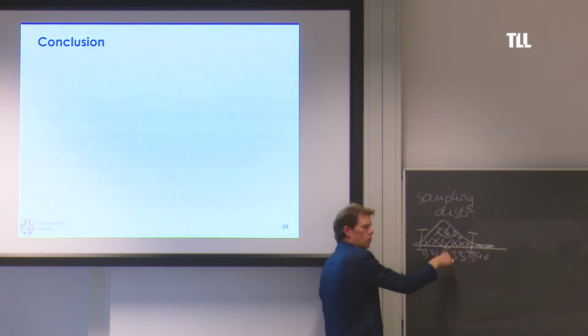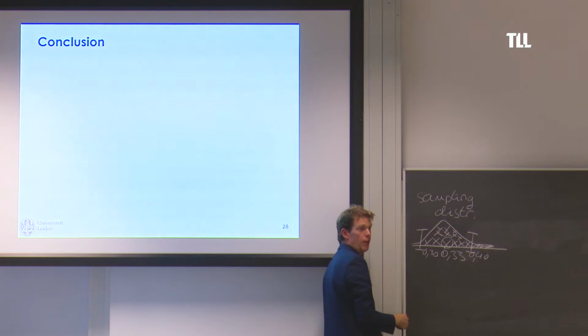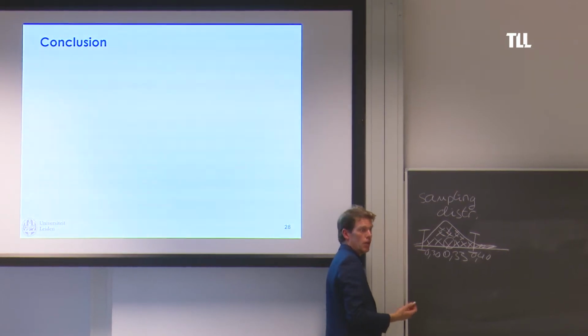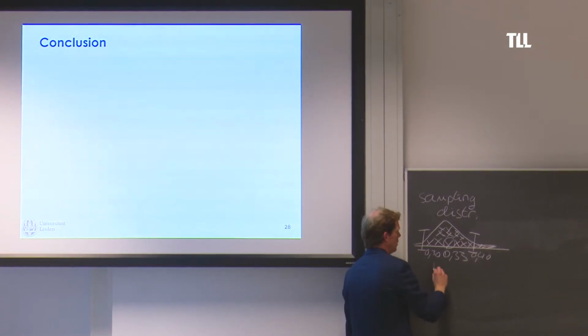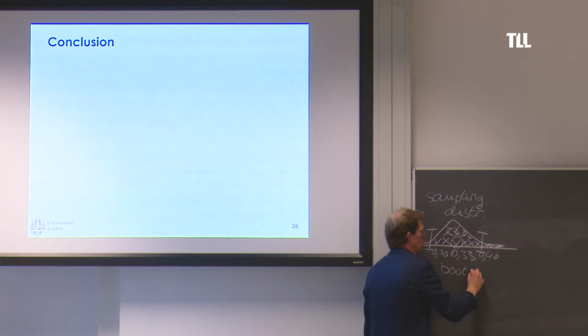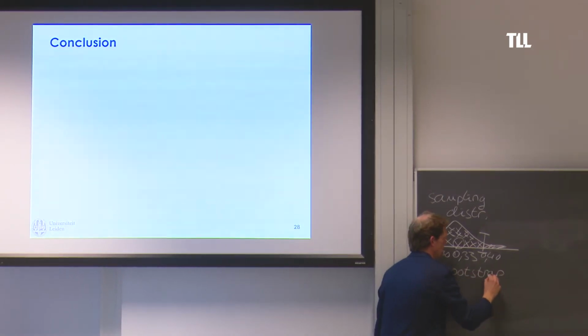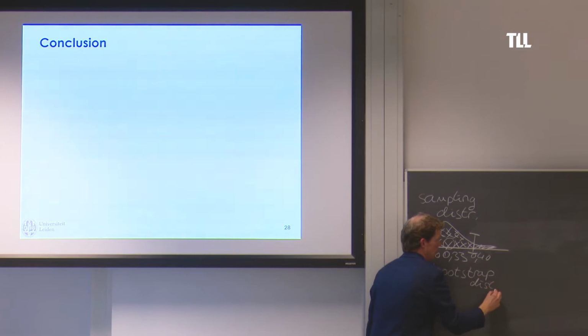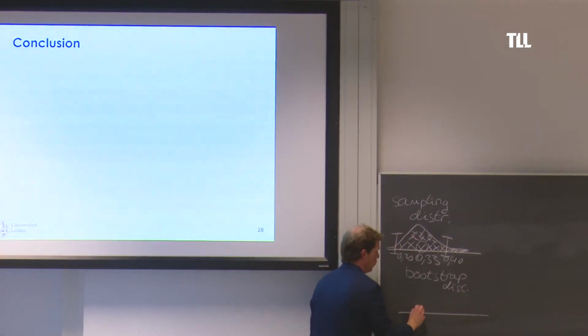So this was about a proportion of 500 kids. Many times 500 kids surveyed, all kinds of proportions, right? We can do the same with the bootstrap. What we get then is a bootstrap distribution, and it actually looks similar.